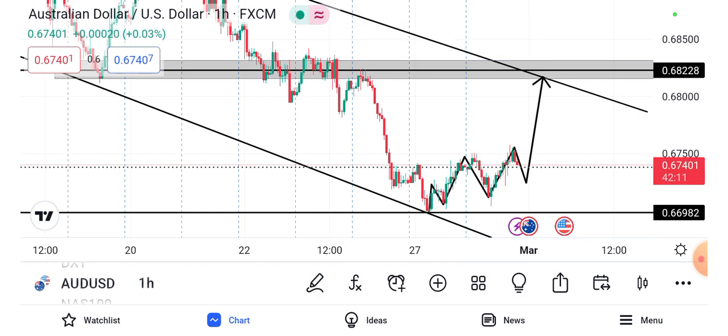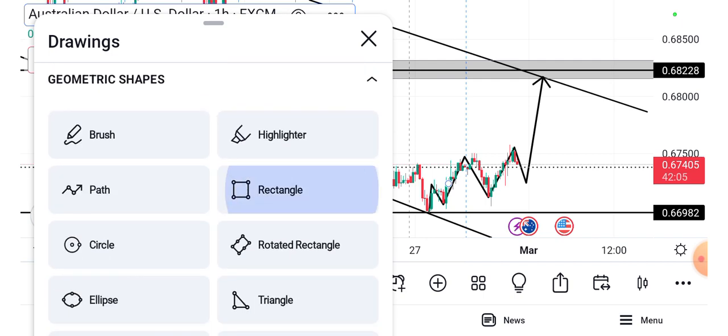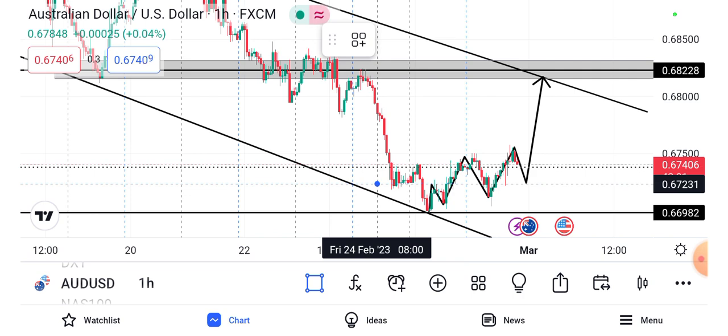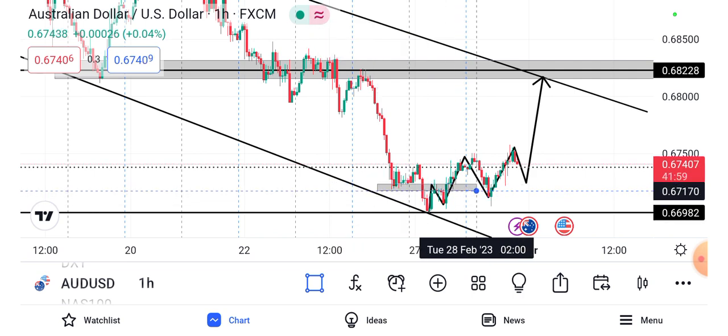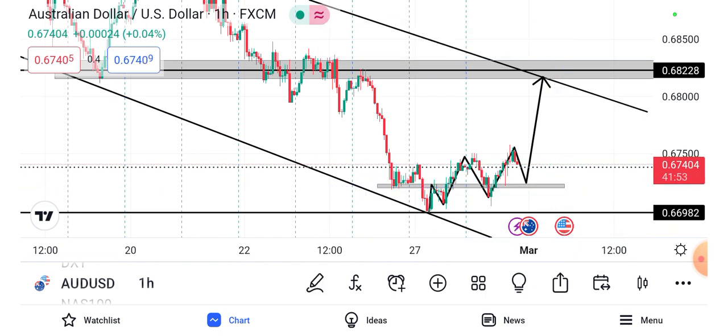So the reason I chose this level right here is because it has rejected multiple times. It has created touches on this level. You can see that we have this level as a strong level. You see there's a touch on the left hand side, there's a touch in the middle.